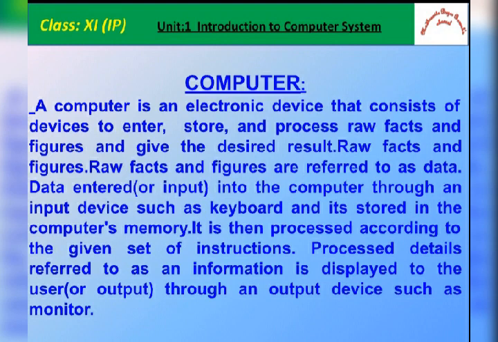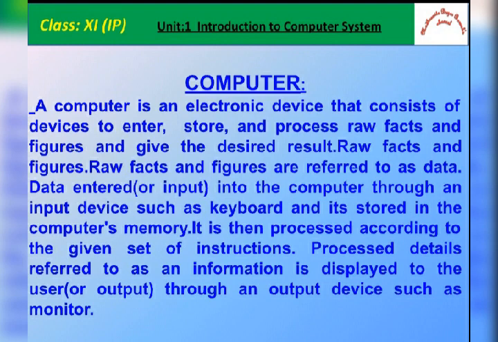Data is entered or input into the computer through an input device such as a keyboard and is stored in the computer's memory. It is then processed according to a given set of instructions. Processed data is referred to as information. Information is displayed to the user or output through an output device such as the monitor.